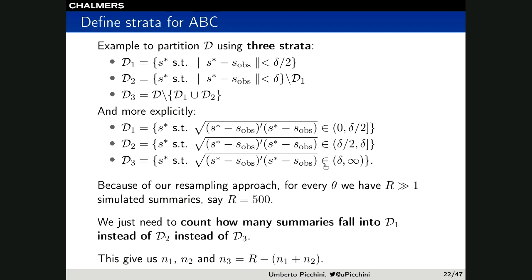And for each theta, we can resample 500 times from the one simulated data set from the model. Okay, and then we can count how many summaries fall inside each stratum. This gives us the numbers N1, N2, and N3 that we'll need in our approximation.